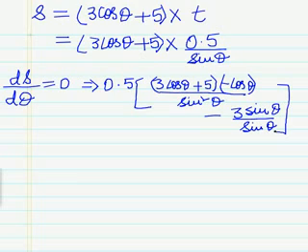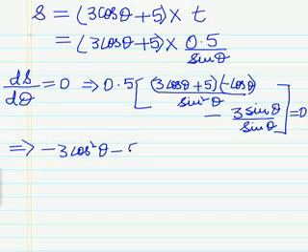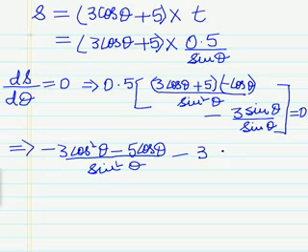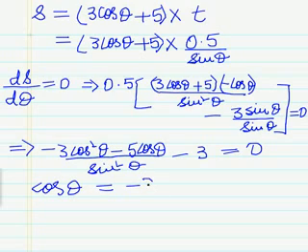That's just plain differentiation, nothing else. This implies, because this thing is equal to 0, minus 3 cos square theta minus 5 cos theta divided by sine square theta minus 3 equals 0. If we take the LCM, we will finally get cosine theta equals minus 3 over 5.